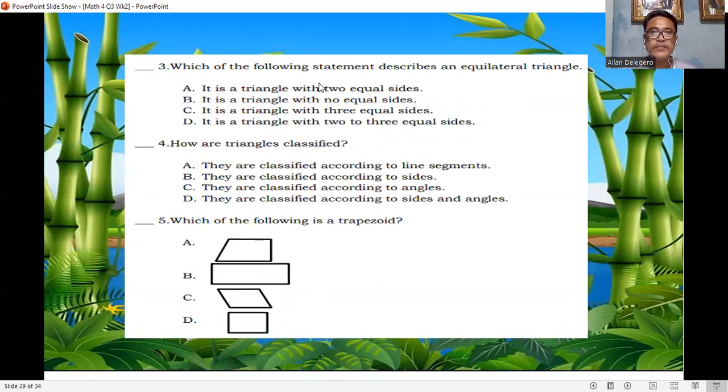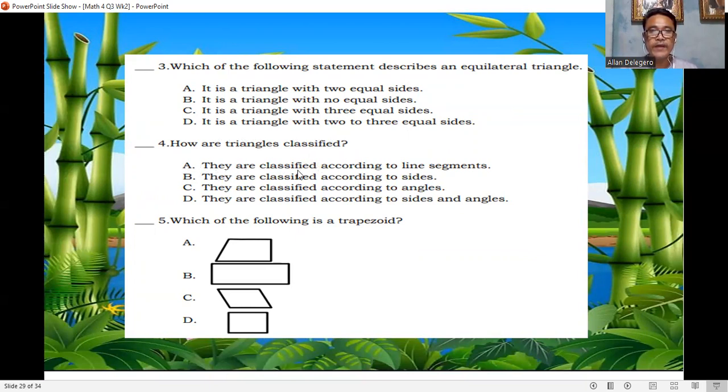3, which of the following statements describes an equilateral triangle? A, it is a triangle with 2 equal sides. B, it is a triangle with no equal sides. C, it is a triangle with 3 equal sides. D, it is a triangle with 2 to 3 equal sides. 4, how are triangles classified?